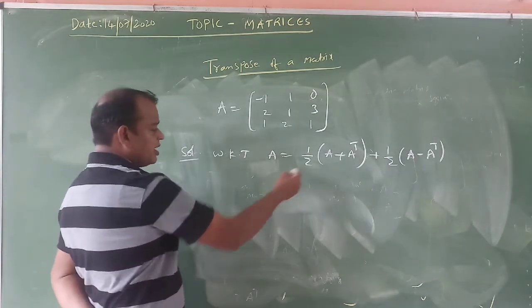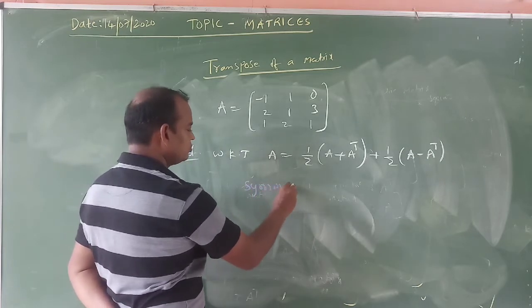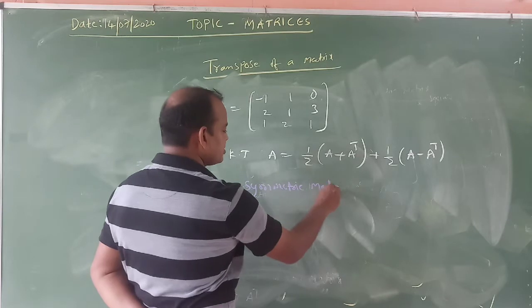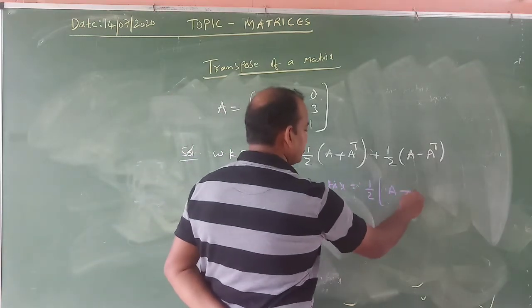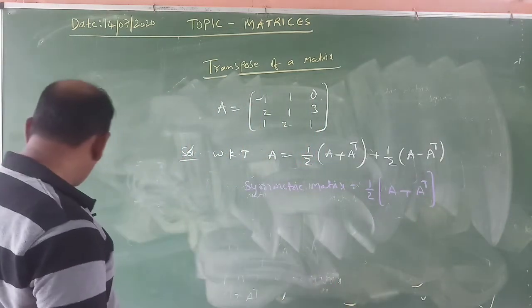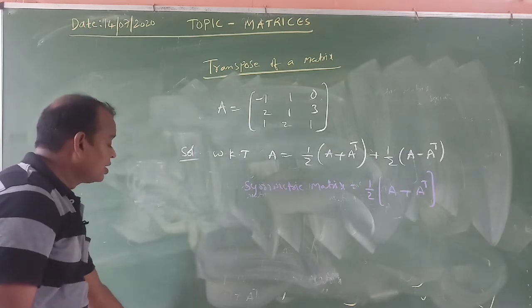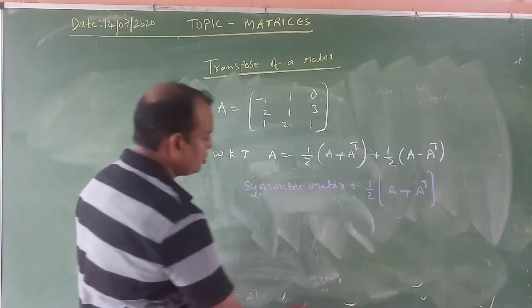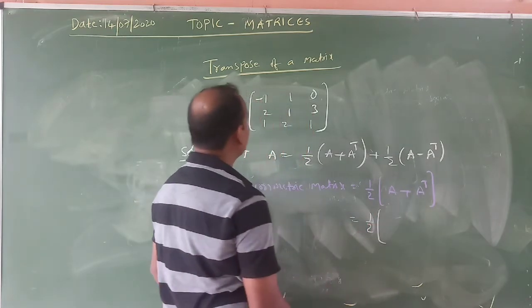Now, what is the symmetric matrix? The symmetric matrix is 1 by 2 into A plus A transpose. What is the A value?